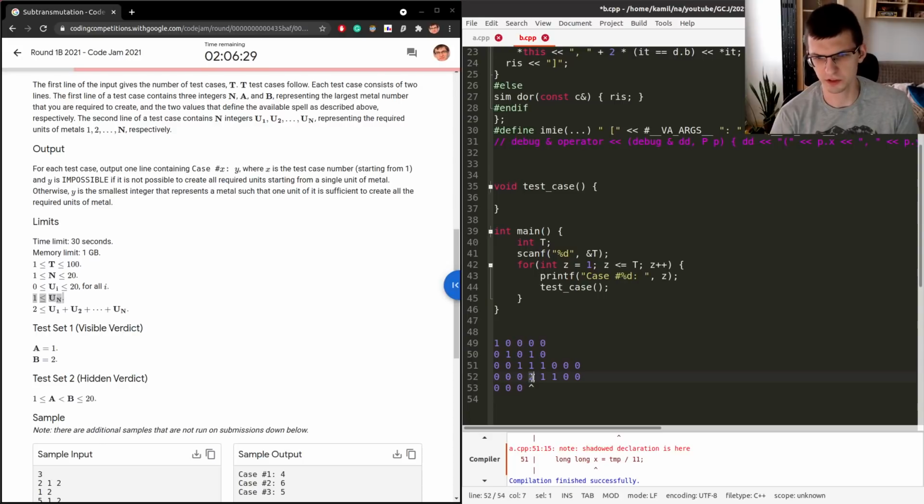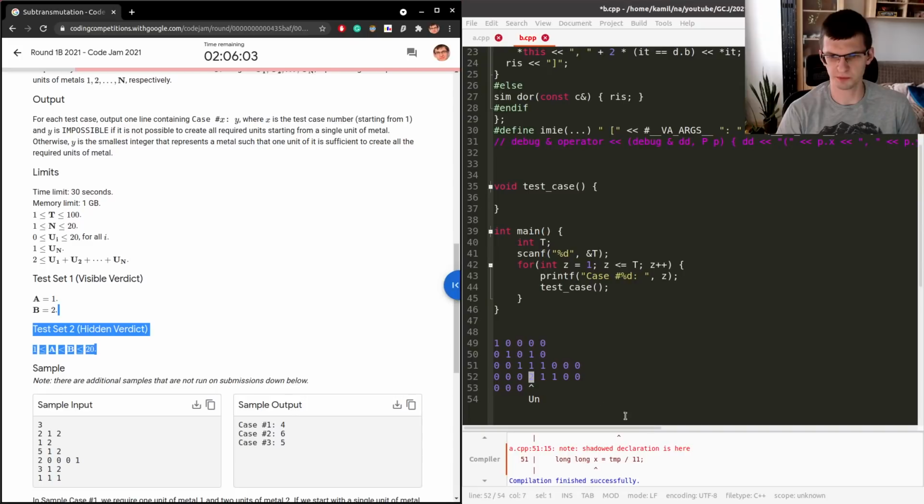I maybe should consider stopping here and saying that this is the first metal to use. This is U_N. And then greedily try to get here whatever is needed. And if that's impossible, then just break all of it into smaller parts.